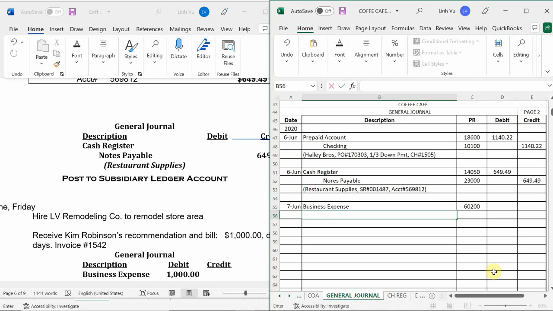We can't negotiate with her to say, can I pay you next month? Can I pay you next year? No, she wants the money in 3 days. So therefore, accounts payable. And how much did she charge me on her bill? She charged me $1,000.